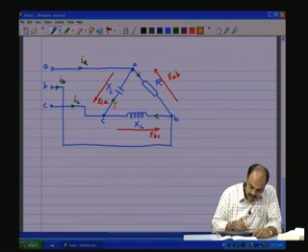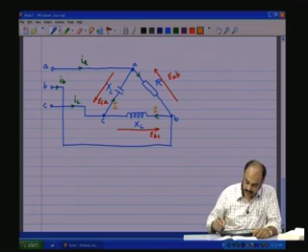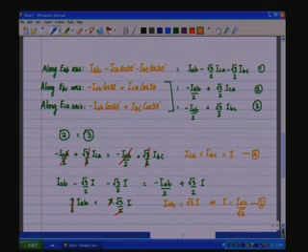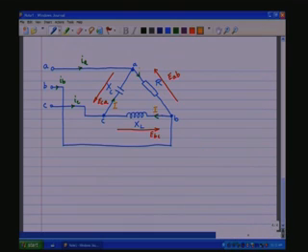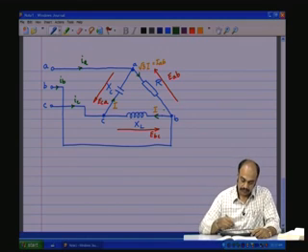Here I is flowing, here also we have I, and here we have IAB, which is root 3 times I. Now we can find out what the reactance should be which will give this kind of solution.